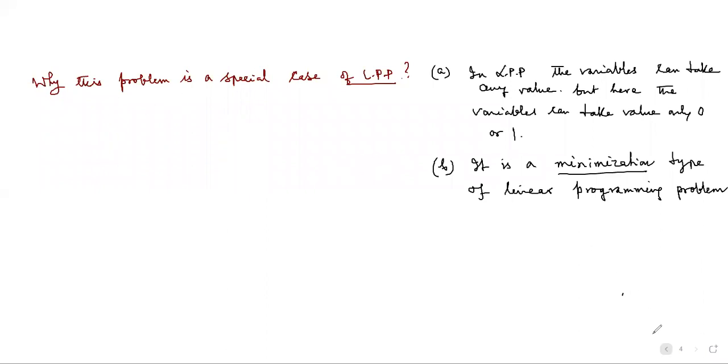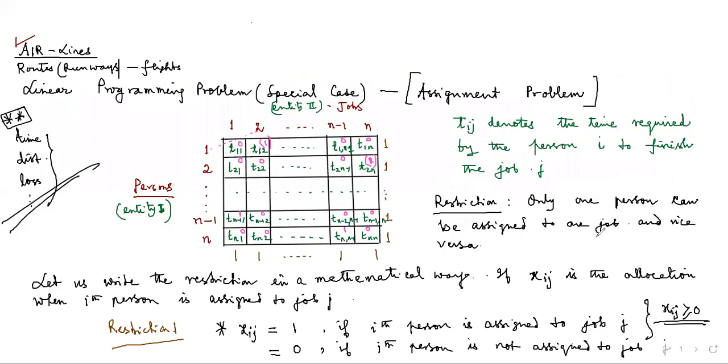The current situation which I have discussed is actually called assignment problem. So assignment problem is a special type of minimization type of linear programming problem. The chapter is known as assignment problem because we are assigning things.